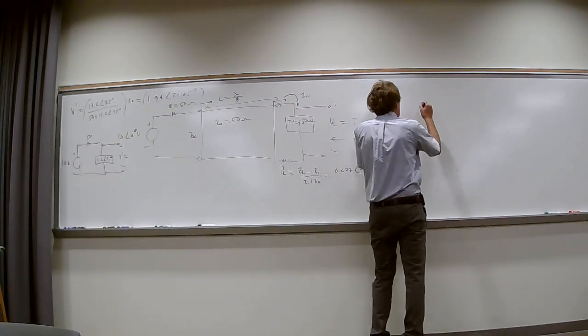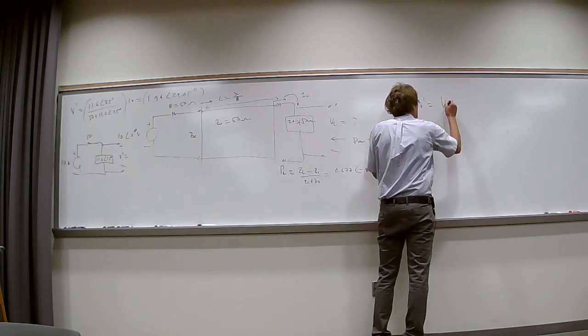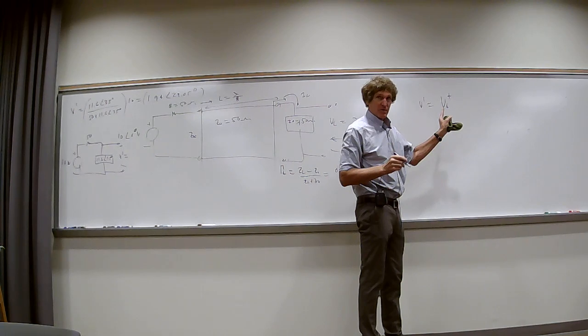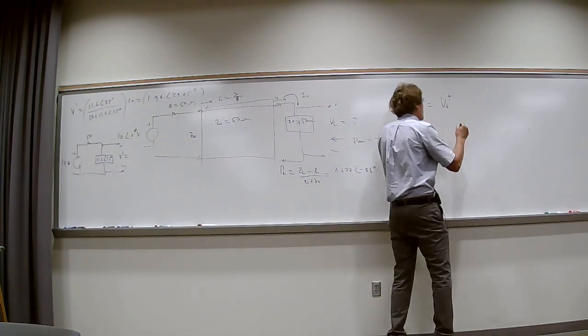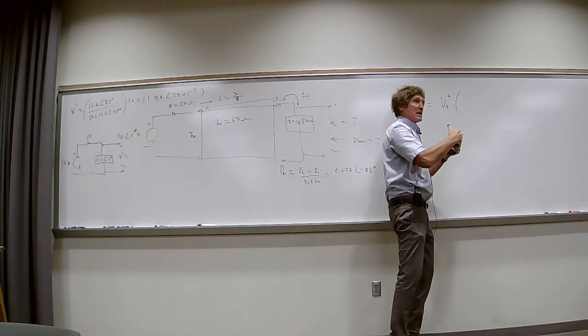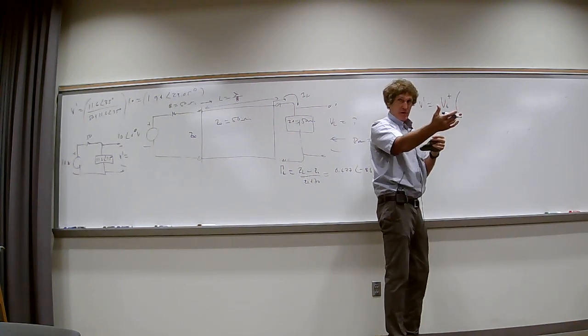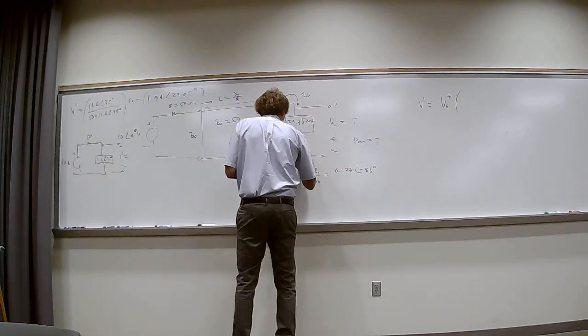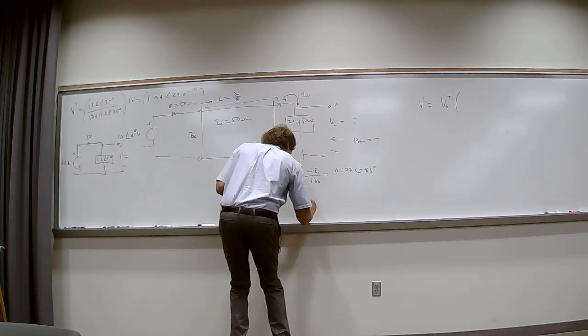Well, we set V prime equal to V naught plus. That's the key, V naught plus. That's what we're after. That will give me the rest of the problem. And that's always times e to the minus j beta z normally, right? But where we're at the load here, we always put in z equals 0, right?